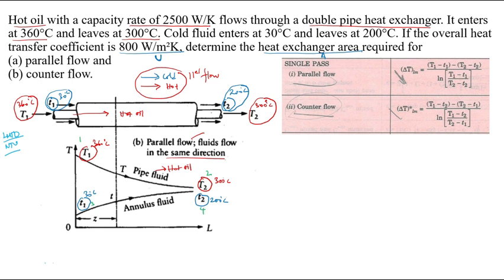If any three out of the four temperatures are given, we can choose the LMTD method. If only two out of four temperatures are given, we can go to the NTU method. For example, if the inlet temperatures of the hot and cold fluids are given and we don't know the exit temperatures, we move to the NTU method. So in this problem, the LMTD method is preferable.